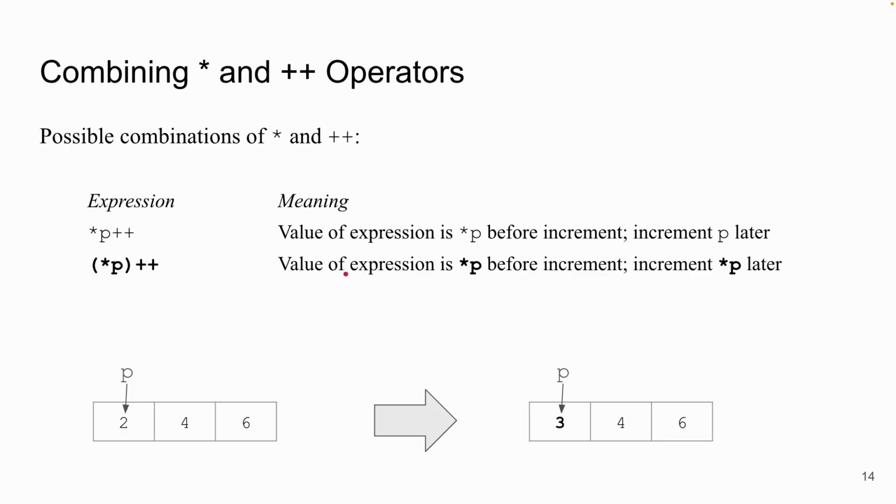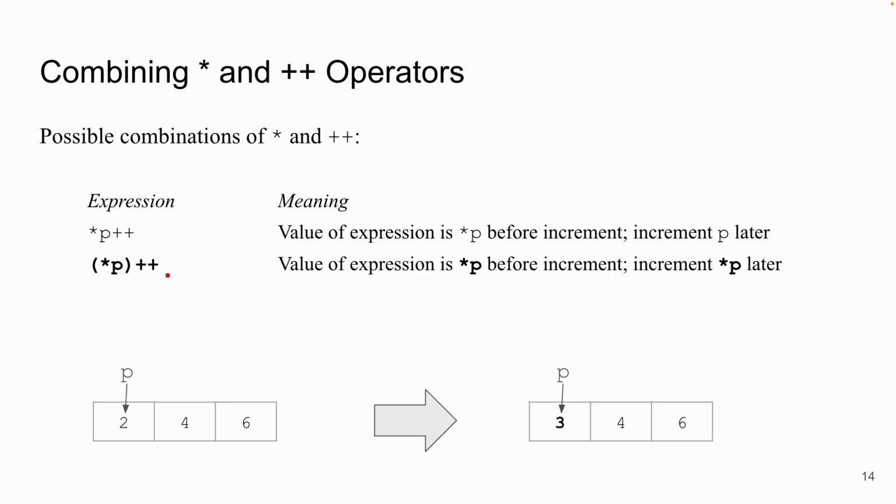So the meaning of the second expression is that we get the value of *p before the increment, the same as the first one. However, what we increment is not p itself, it's *p altogether. So if we write down this expression, we will increment the value stored inside the object p points to, from 2 to 3. This is the effect of the second expression.